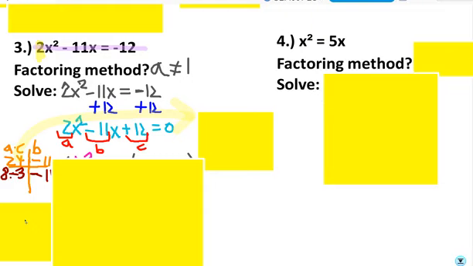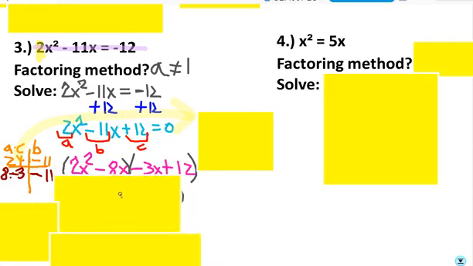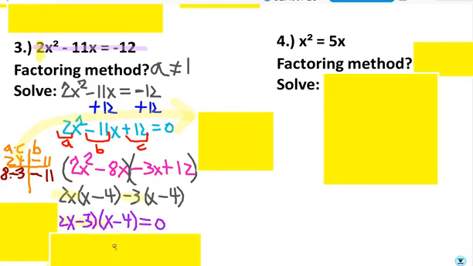And since it's negative in the middle, both my 8 and my 3 must be negative so that they add to negative 11. From here, you're going to do it one of 2 ways. You're going to now use negative 8 and negative 3 to split the middle.